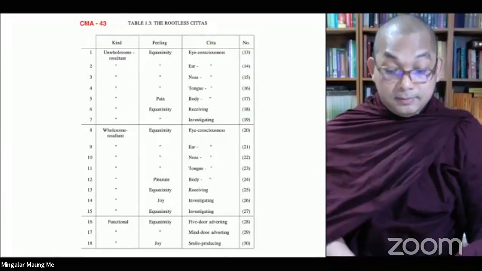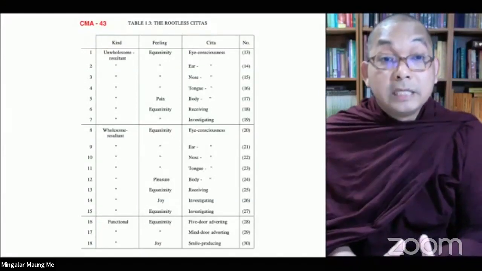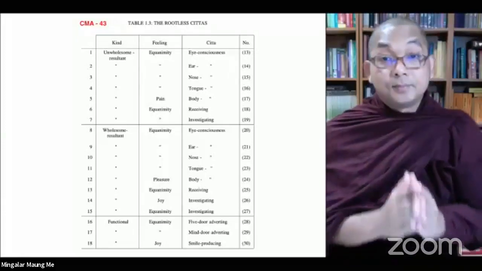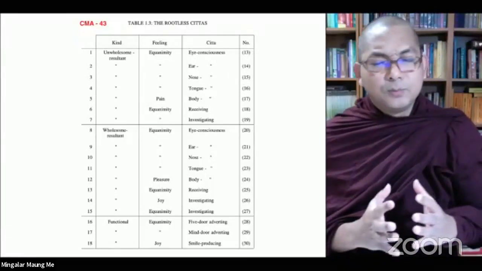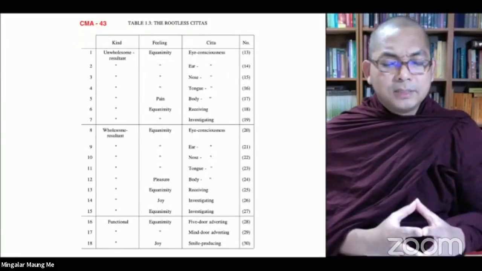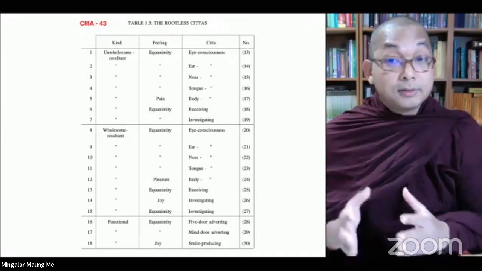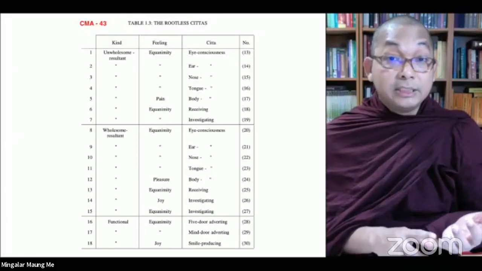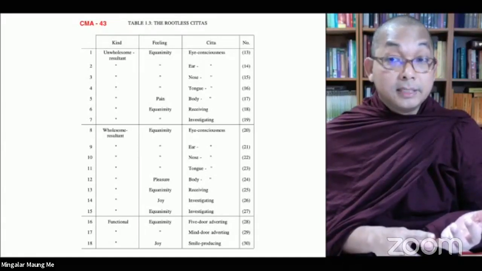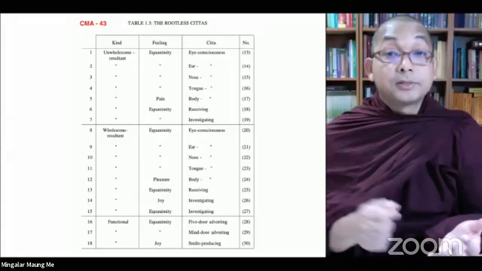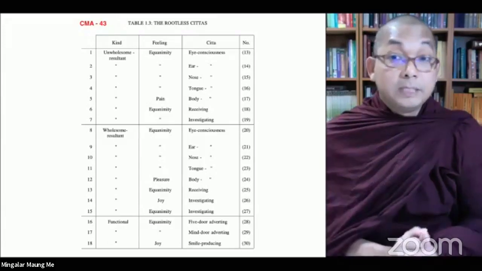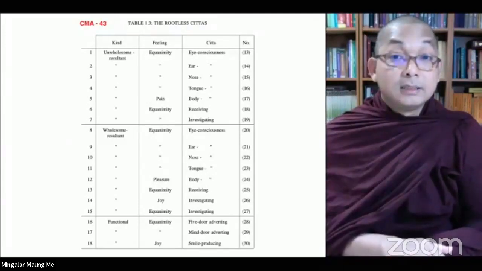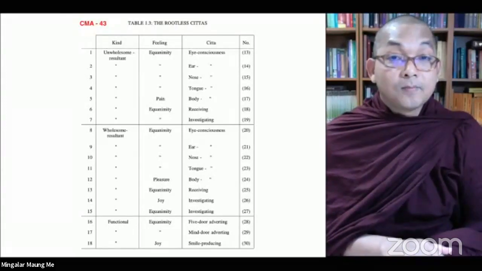Okay, so up to now, we have already learned Ahetuka chetas. So we have 7 akusala vipaka chetas. 7 chetas arise because of akusala karma in the past. We have 8 chetas. They arise because of kusala karma that we have done in the past. And we have 3 kriya chetas.